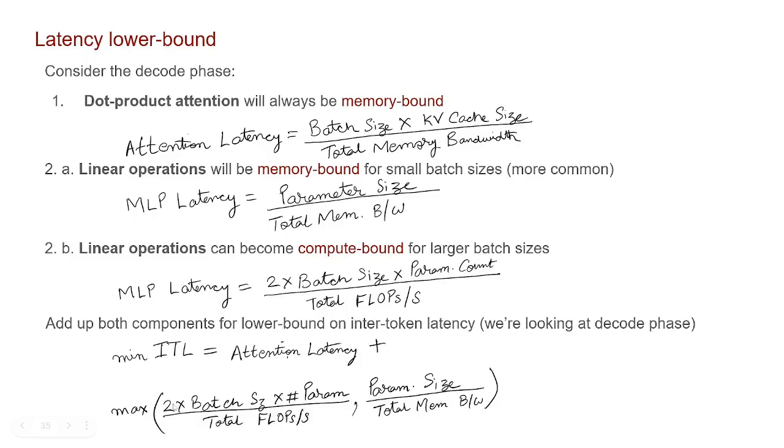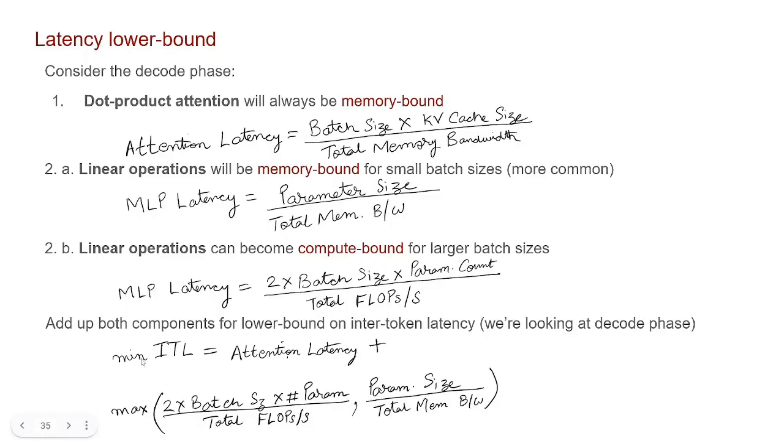So we can write it in this way. And the MLP latency, depending upon which is greater, we account for that in ITL. So depending on the batch size, either the MLP latency will be this or this.